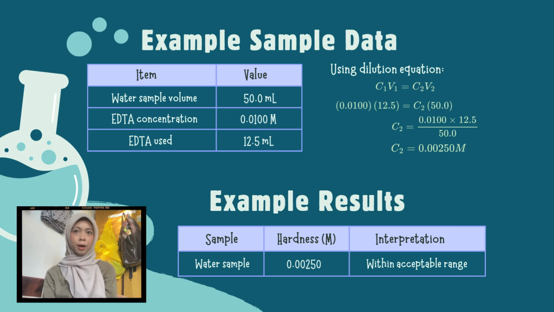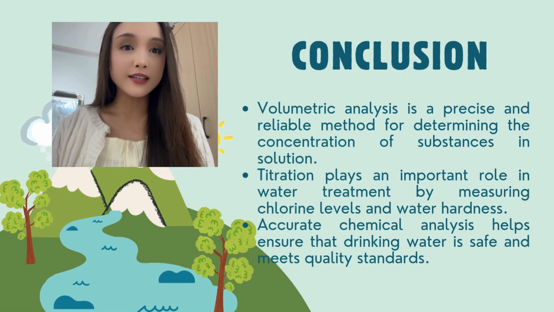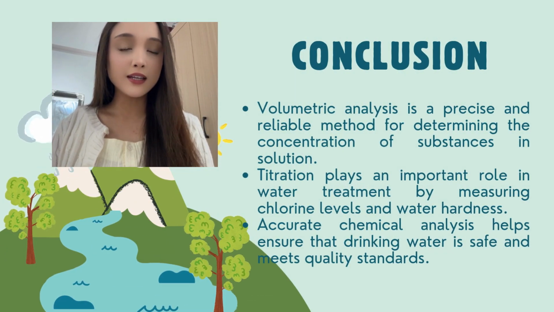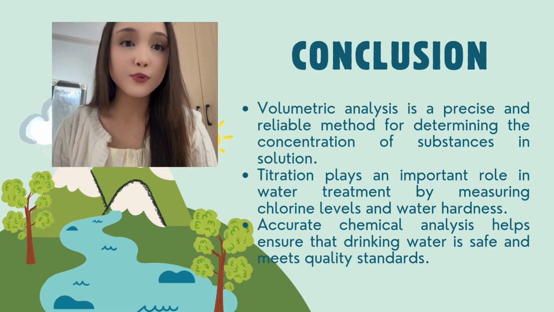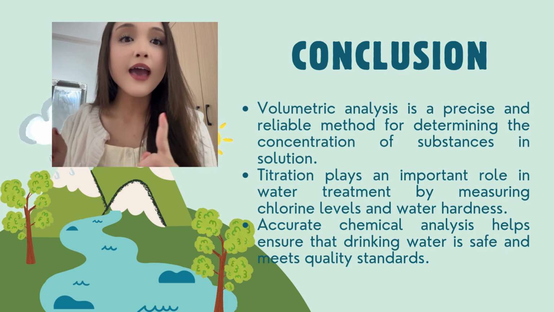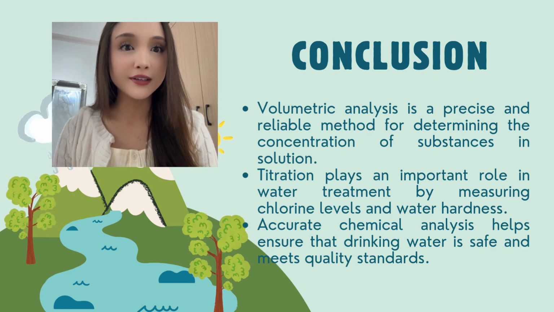This shows how volumetric analysis provides accurate information that helps water treatment plants maintain safe, high-quality water for consumption. To conclude, volumetric analysis is a fundamental technique in analytical chemistry because it provides accurate and reliable measurements of substances in solution.